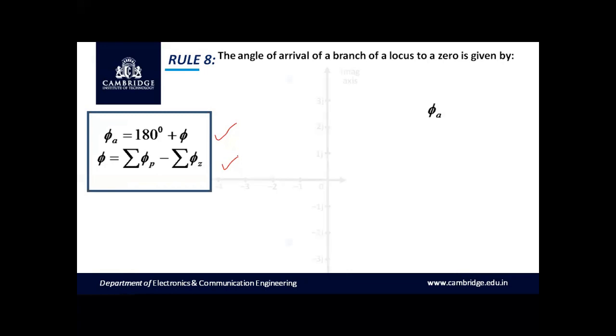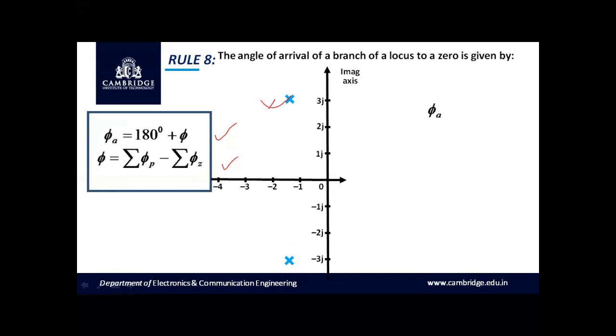Let us take an example with a complex conjugate pole. We know that all the branches leave from the open loop poles.